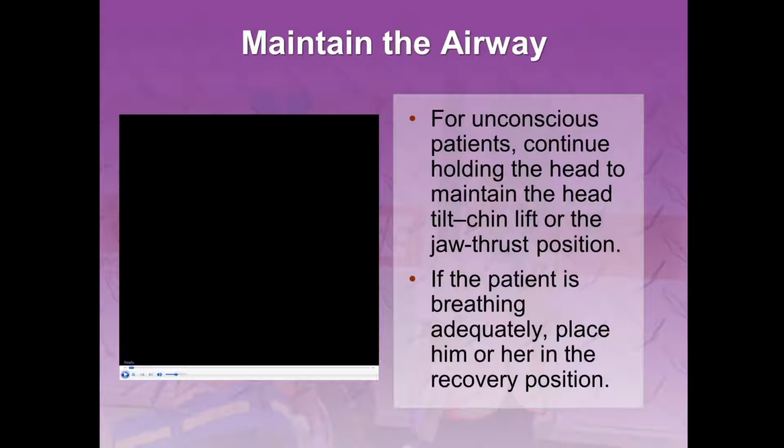And then we can also use the left recumbent or the recovery position for somebody who's unconscious, unresponsive, that we're worried of them aspirating or choking on their secretions. So we could roll them onto their side and let fluids drain out of their mouth that way.